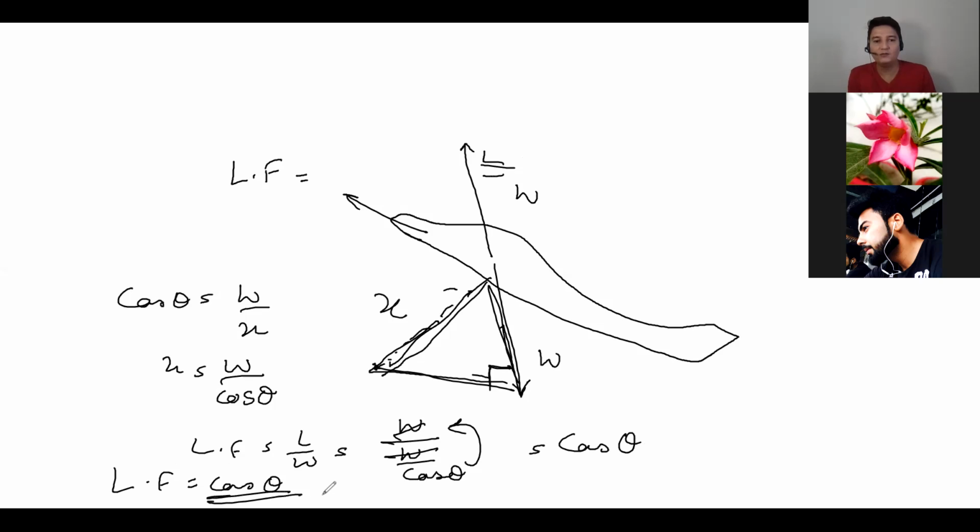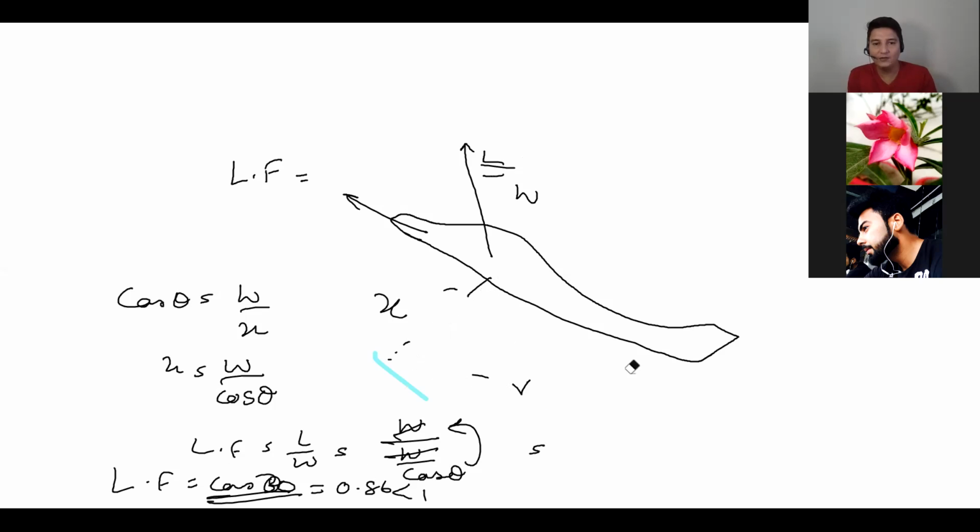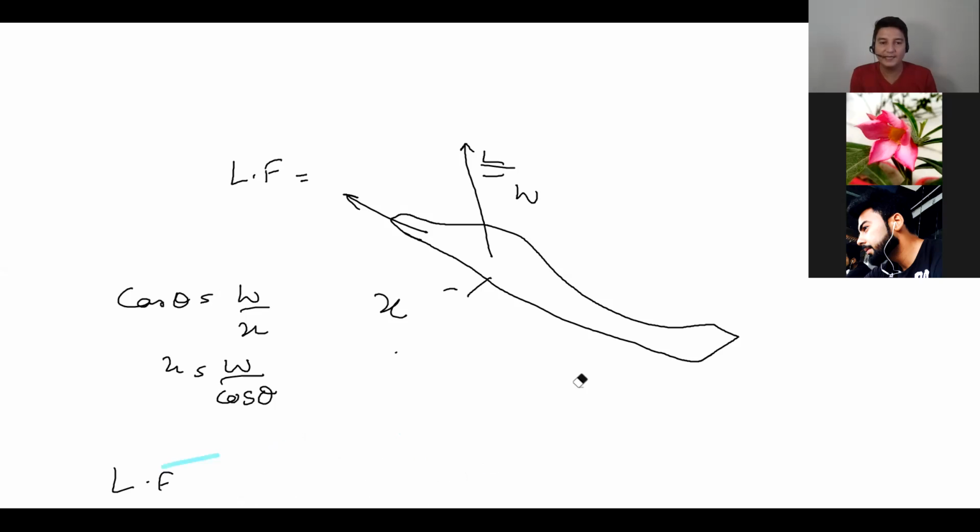Now you put any value of theta, say 30, it will come 0.86. So it is less than 1. So that concludes that ascending or descending is the same thing, it's the opposite of it, but weight will be vectored into 2. So the formula for ascending or descending aircrafts, the load factor will be just simply cos theta.